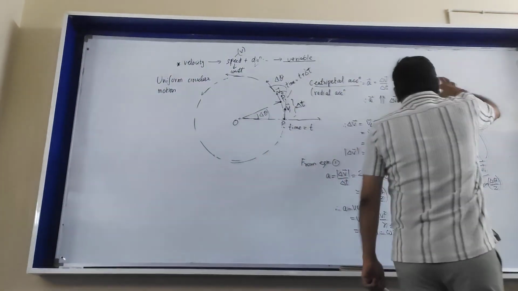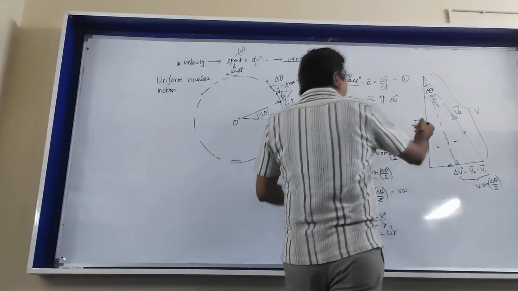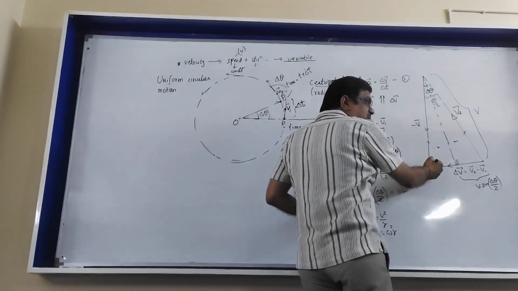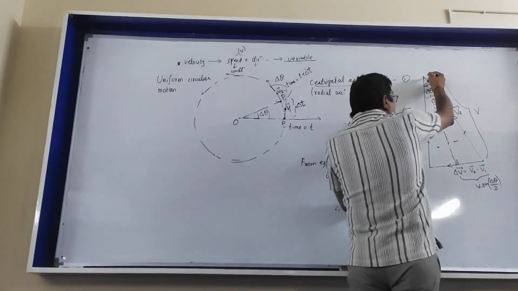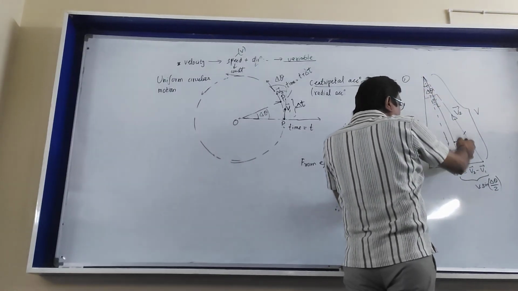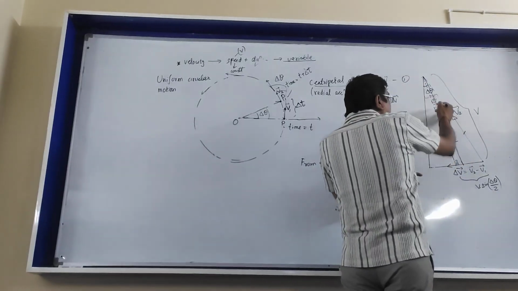Now try to understand, this is delta theta. This is minus V1. Minus V1 is fixed. But suppose we allow lesser time, then the V2 vector will be like this actually. This will be V2 minus V1.